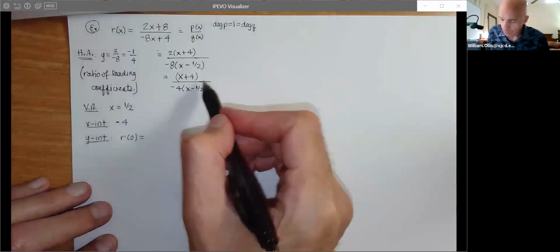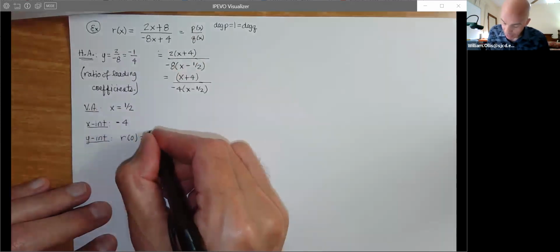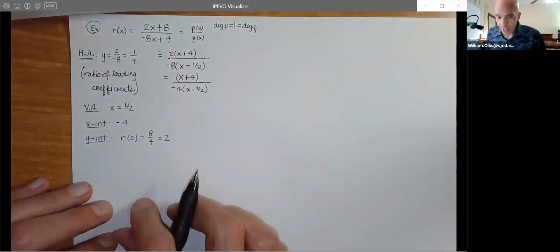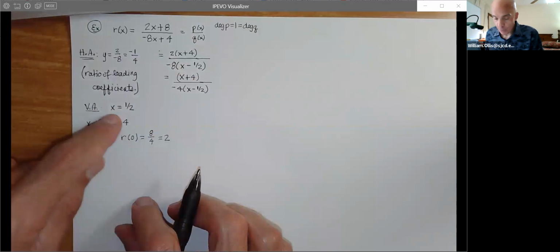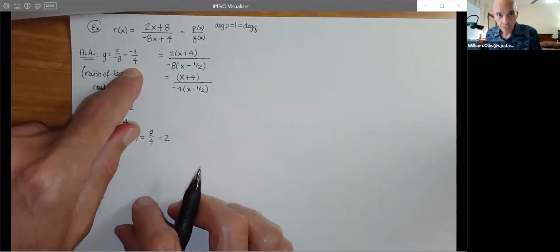So now we can forget this, go back to this. These are both 0, so we get 8/4, which is 2. So we have an x-intercept, a y-intercept, we have a vertical asymptote, and we have a horizontal asymptote.